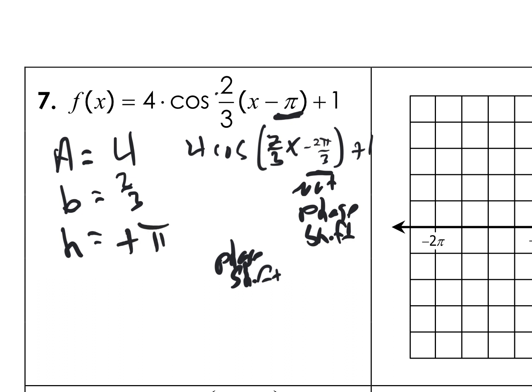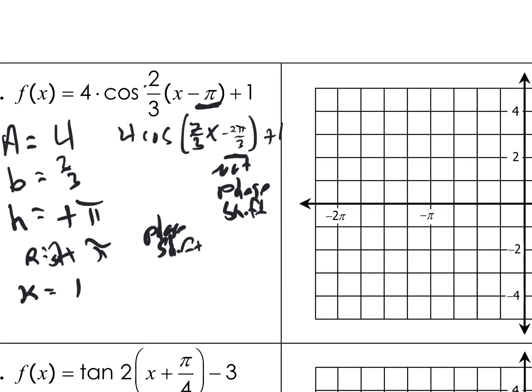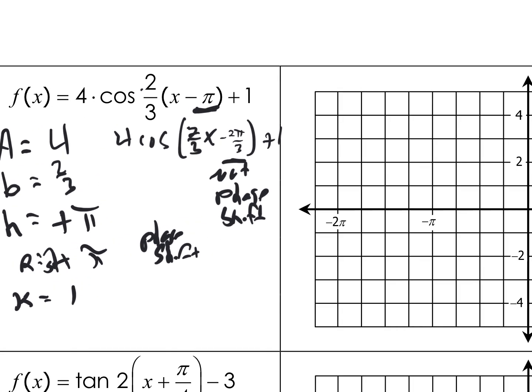Positive pi. That means we know it's going to go what? Left or right? Right, how far? Pi. What's my K? It's a 1.